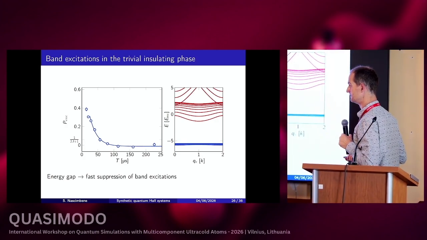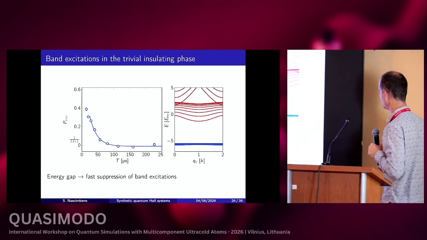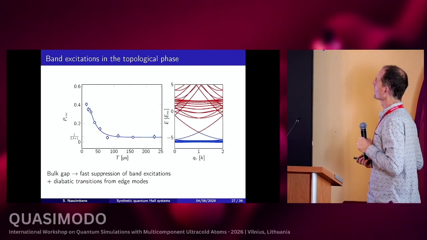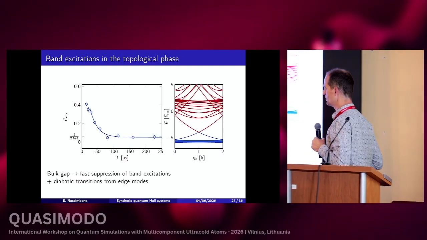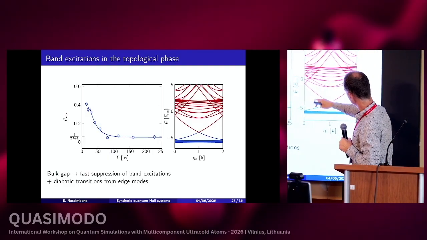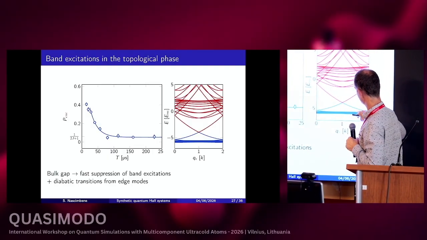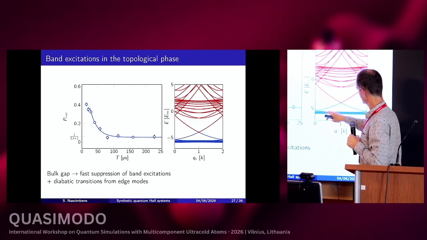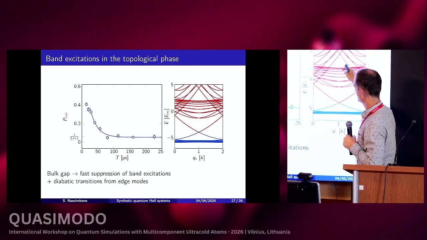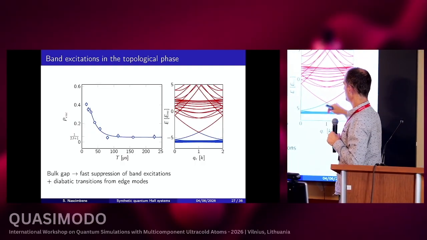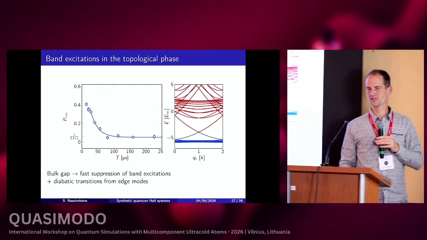I will conclude quickly. If we do the same in the topological phase, we have a very similar behavior. But if you look more closely at the band structure, the dispersion relation has a band that is gapped with respect to the first excited band, except that there are two branches due to the chiral edge modes.